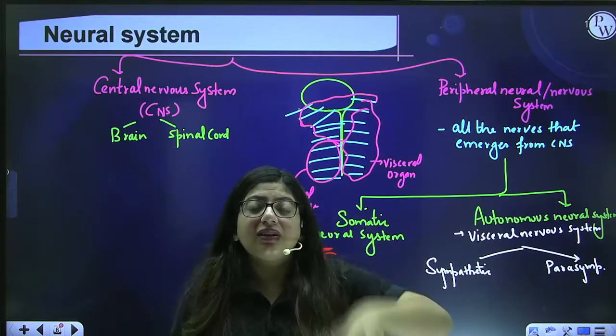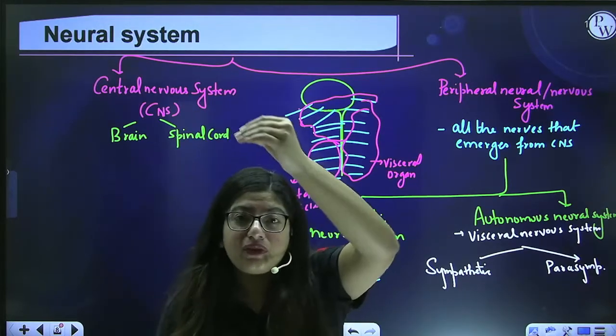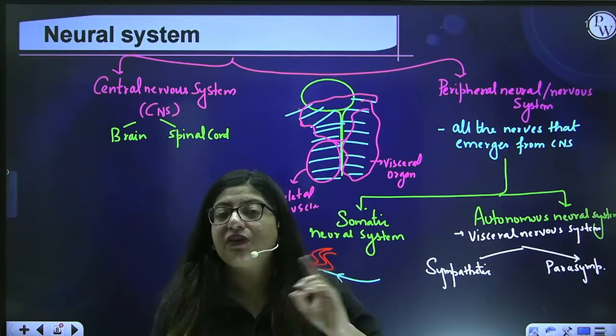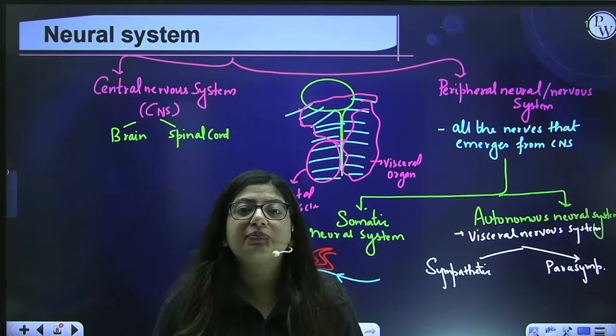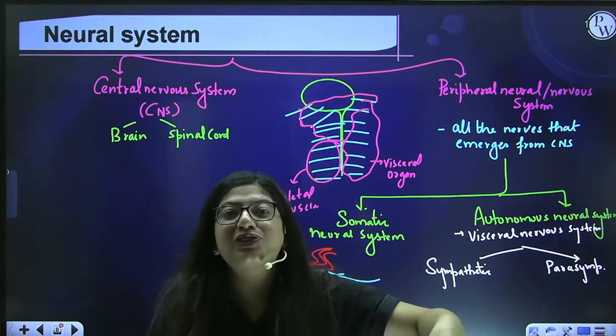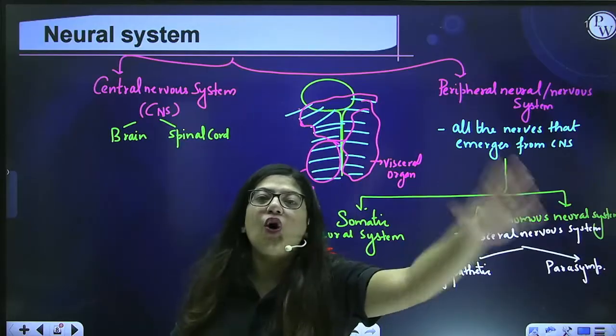It is under the control of the cardiovascular centre of your medulla, which will send information through neurons. If these neurons are of sympathetic nervous system, they will increase the heartbeat. If they are of parasympathetic, they will decrease the heartbeat. So as you can see, both are working opposite to each other. Always, sympathetic and parasympathetic work opposite to each other.